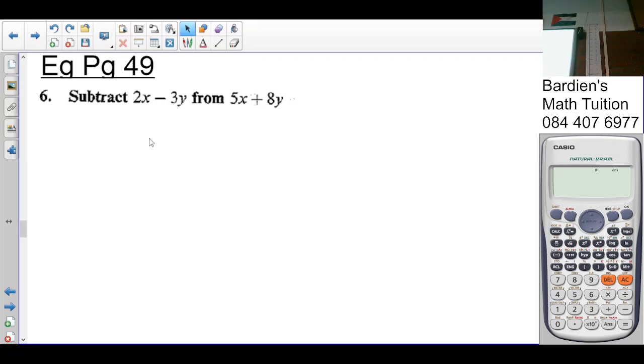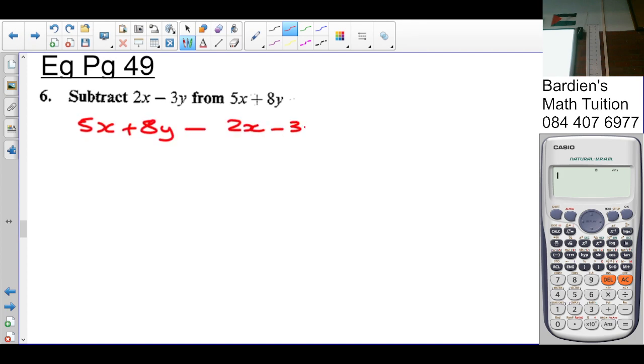Right, so what gets done here? 5x, yes? 5x plus 8y minus 2x minus 3y. You all agree with that? No? There must be a bracket there. Why? Because there's more than one term following a negative sign. Okay. Don't forget the brackets.